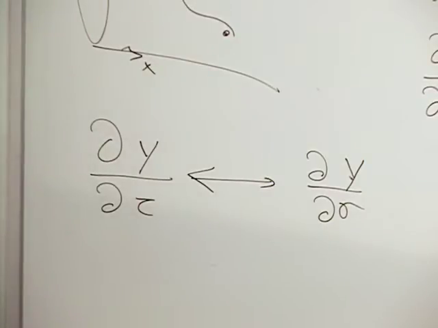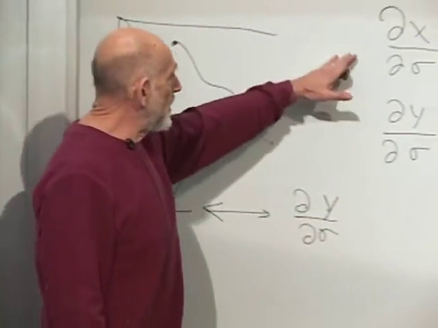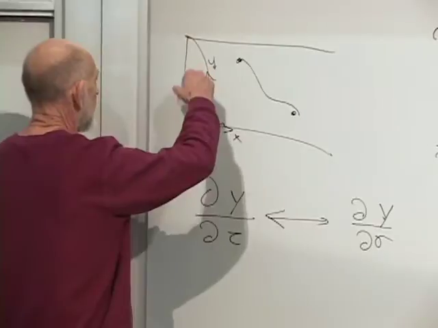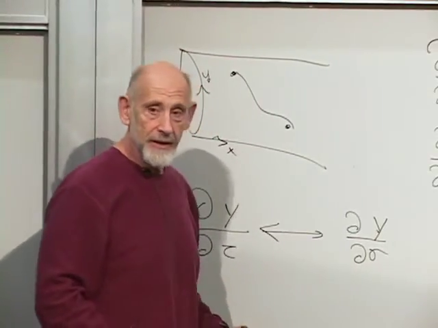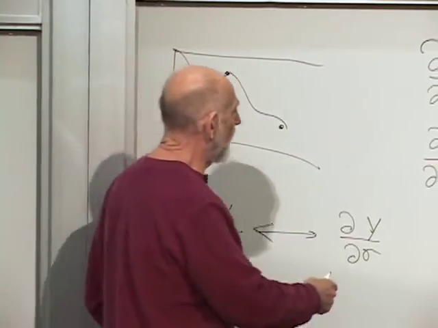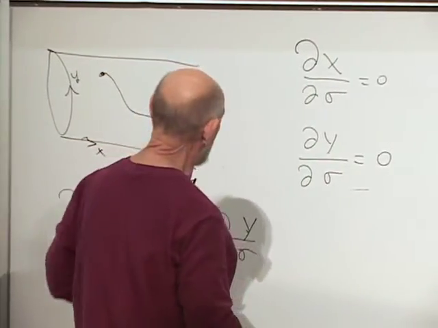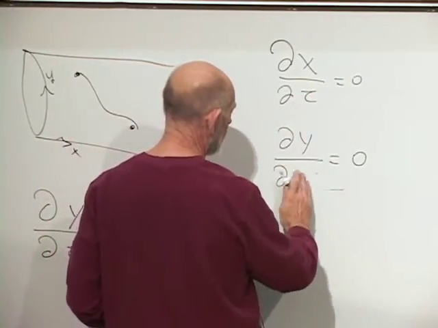Okay. So, what does it say then about open strings? Open strings, when they undergo this process of T-duality, what you have to do is change the boundary conditions. And the boundary conditions at the end of the string become dx by d tau equals 0.